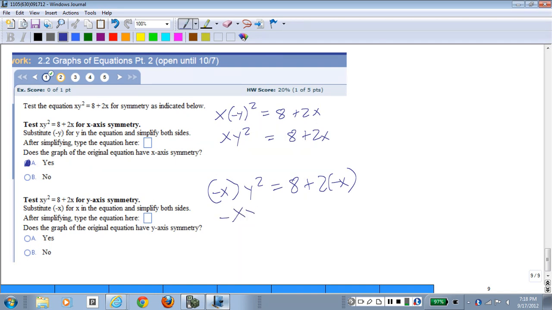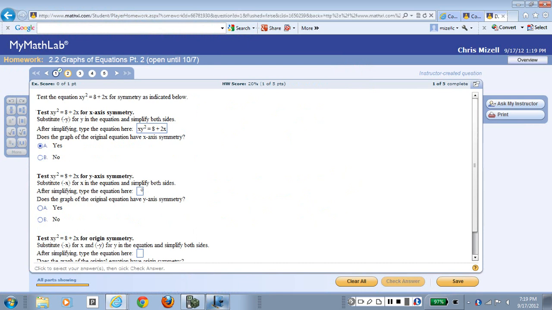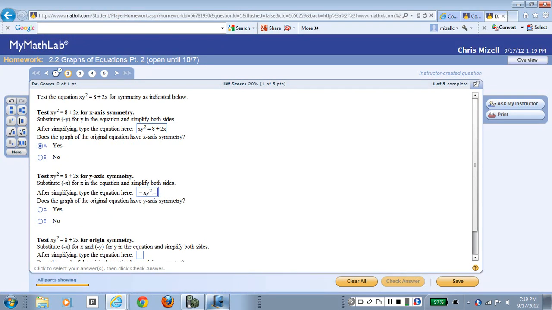Negative xy squared equals 8 minus 2x. I'm going to say no, that's not identical to the original. If we multiply both sides by negative 1, it would not be equivalent to the original. So that's a no. Test it for origin symmetry.